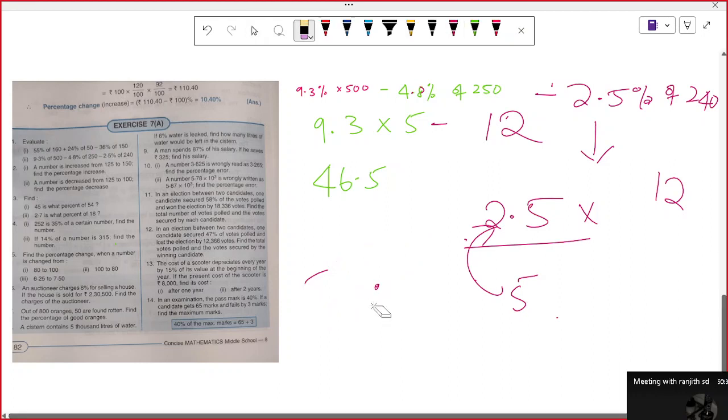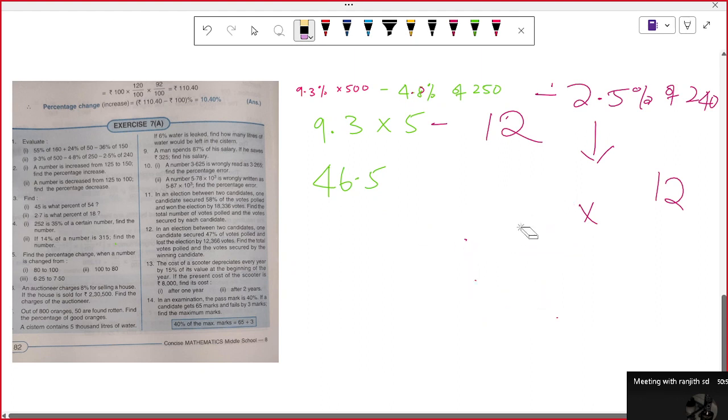It is 0.5. Remove the decimal and divide 25 by 5. 5 fives are 25. Then how many decimals do you have to place back? 1. So 0.5.